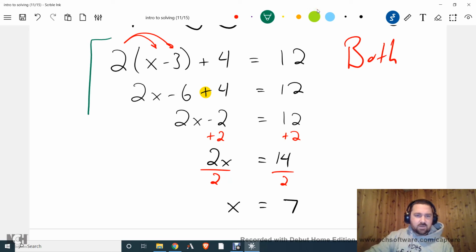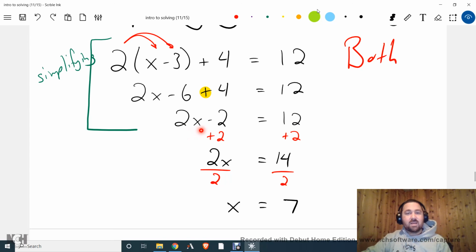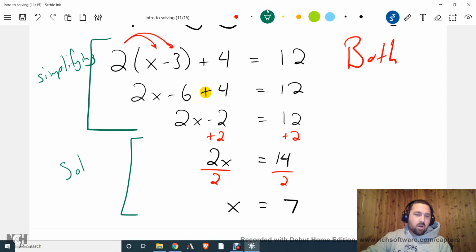This first chunk is all simplifying, because notice how this 12 over here is just staying the same the whole time. The person's working with a single side of the equation, simplifying it. And then once they get it into its simplified form, 2x minus 2 is the simplified form of that top left expression, then they start solving. So it's not that we can use either word for what this person is doing. There are different parts to this process, simplifying versus solving.